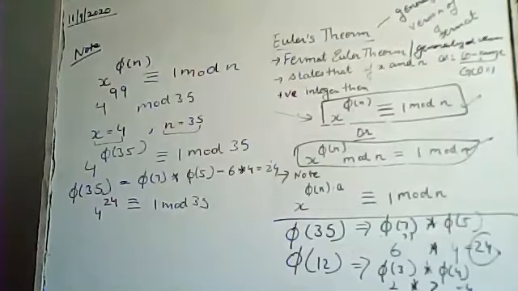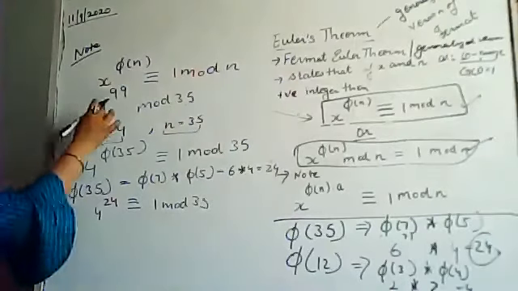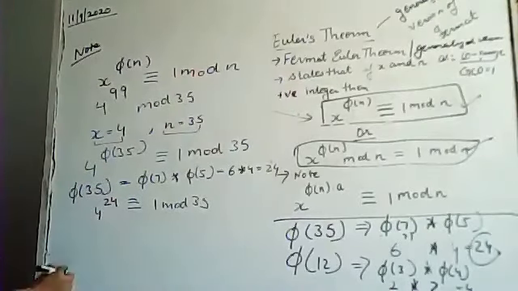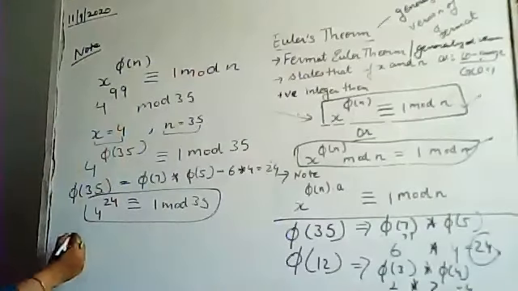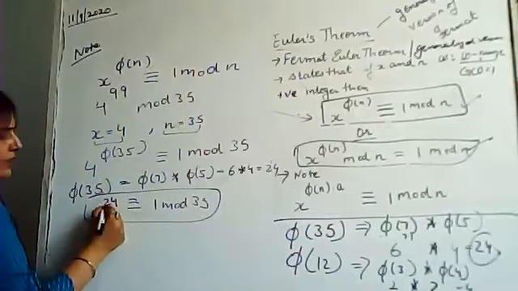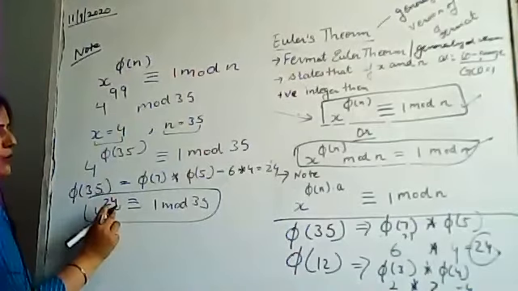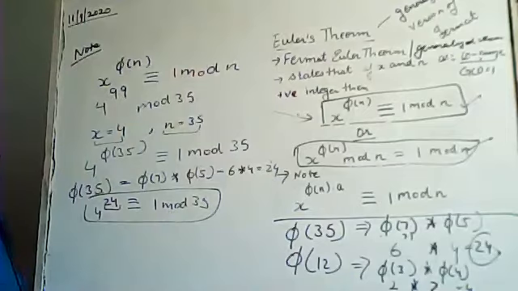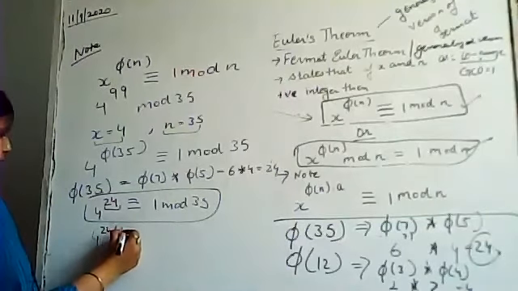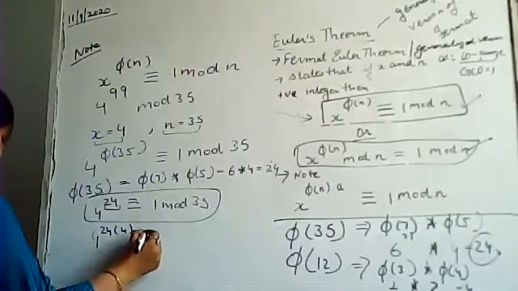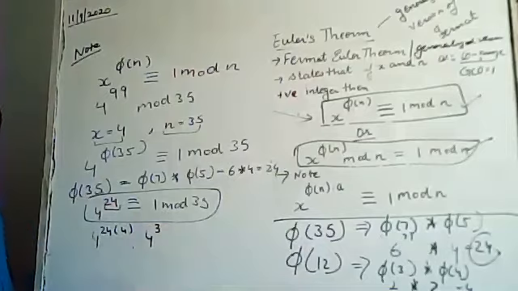Now the next thing is what value we need to find, that is 4 raised to power 99. This is not my equation. My equation is this. How can we solve this particular thing? Now I know that 4 raised to power 24 is congruent to this particular term. If you remember, we have used the concept of multiples. So what I will do over here is use 4 raised to power 24, 4 times, into 4 raised to power 3.